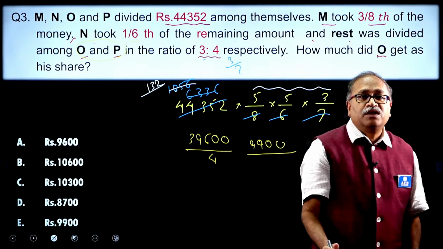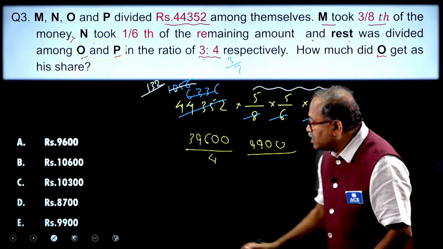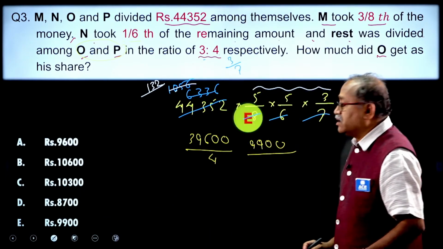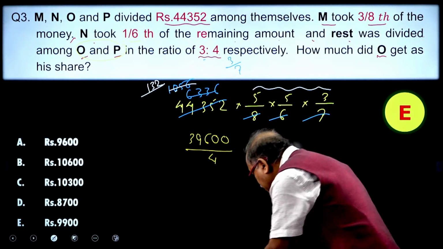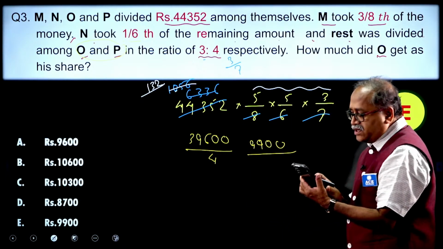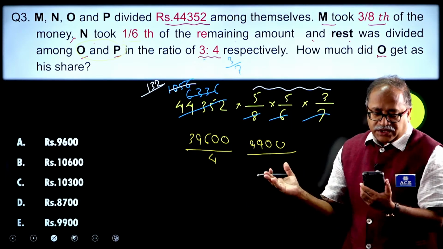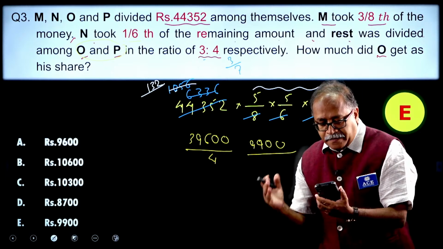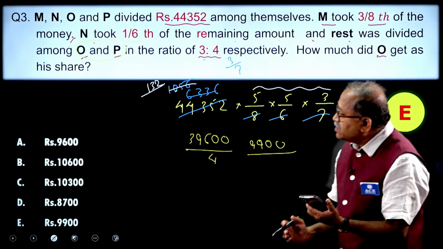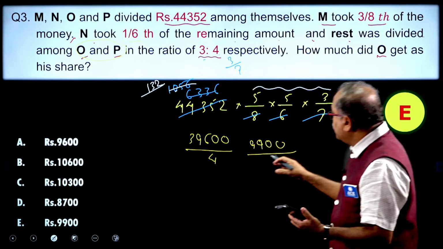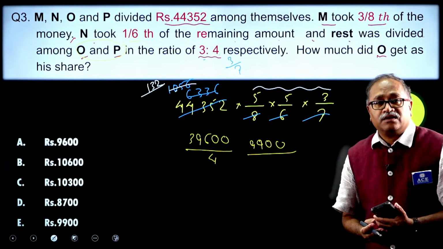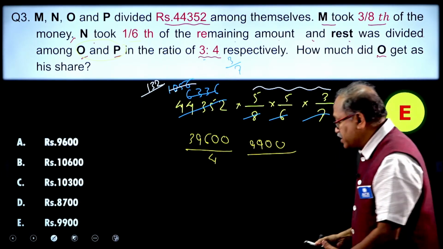I am getting 9900, my dear friend, 9900, option choice E. Sumit sir, I think there is a small slip in the calculation, it is okay. Lakshman sir, can you respond? It is not 8700, my brother, it is 9900, maybe a small slip in the calculation.